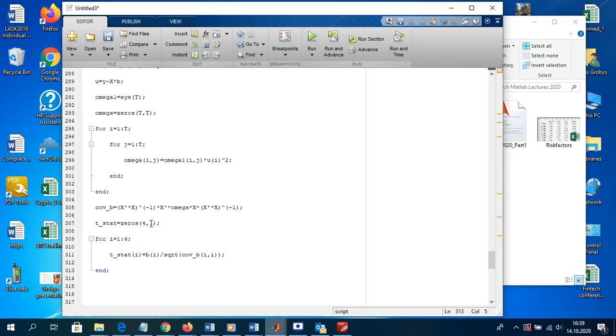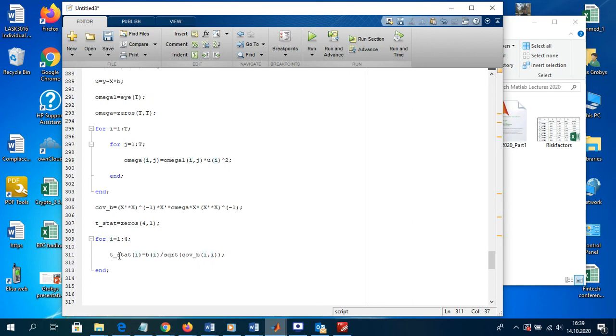So if i is 1, what do we store in the first element of our t_stat vector? Well, we take the first point estimator in our beta vector and divide it by the square root of the first element on the main diagonal of our covariance matrix.